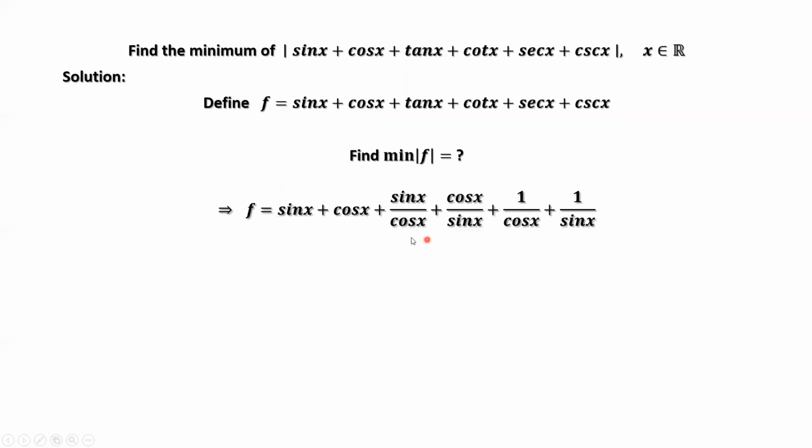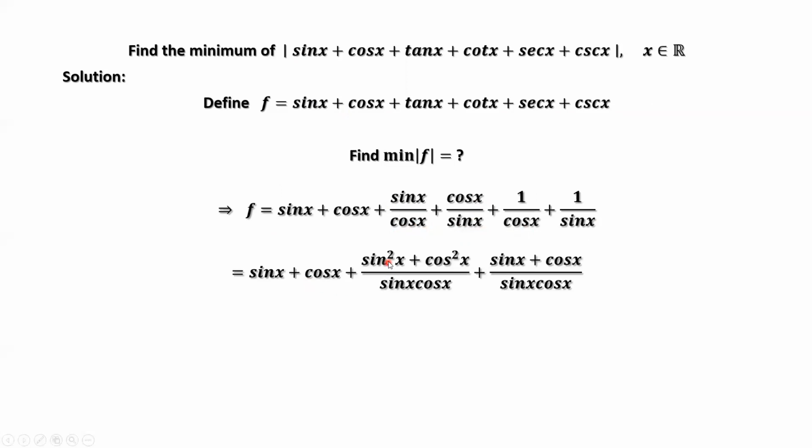We can simplify the sum of the middle 2 terms and the last 2 terms. We consider the common denominator, which is cosine x times sine x.